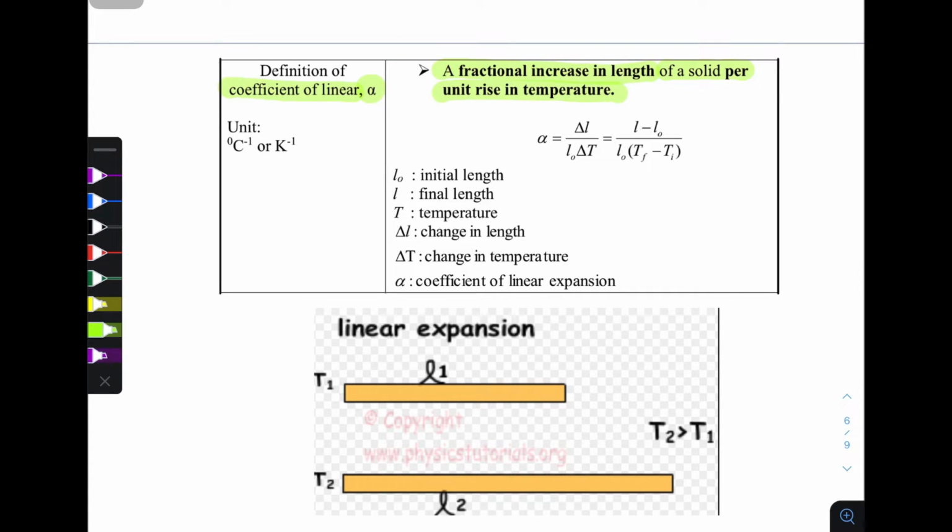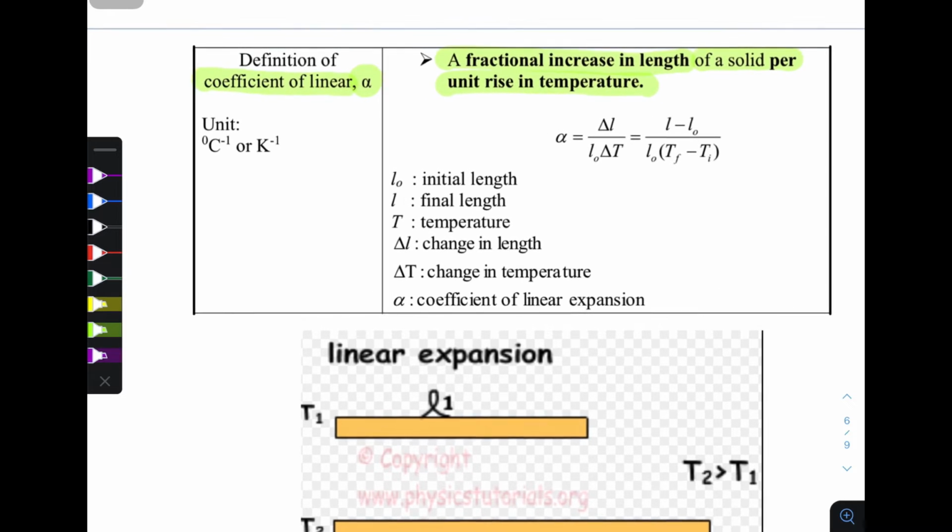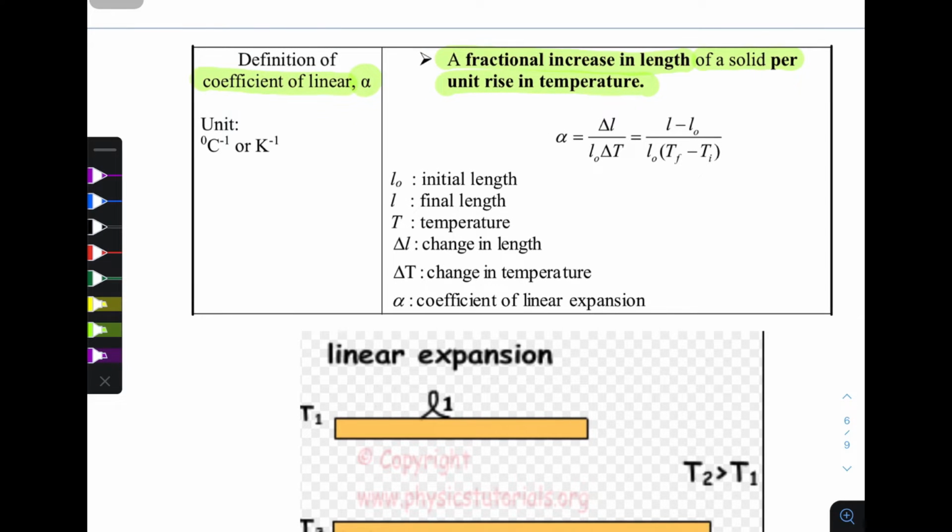Okey, daripada takrifan ni kita boleh keluarkan satu formula iaitu alfa sama dengan delta L over L0 delta T. Sebenarnya dekat formula ni mana kita punya fractional increase in length.